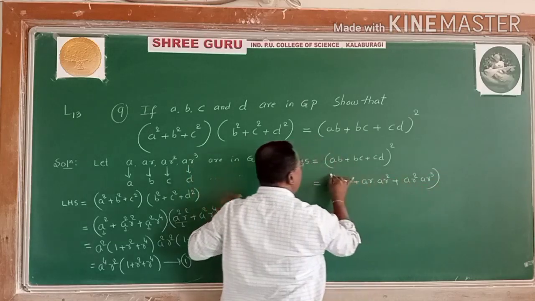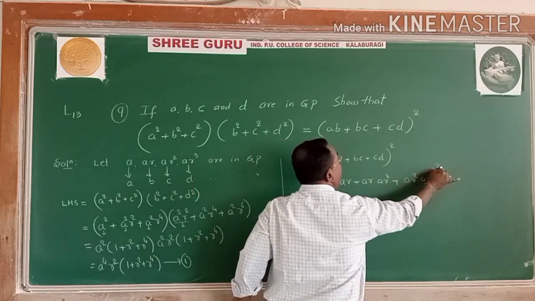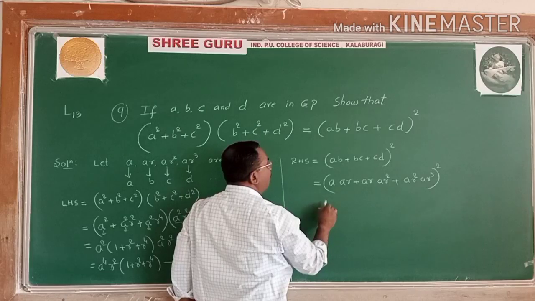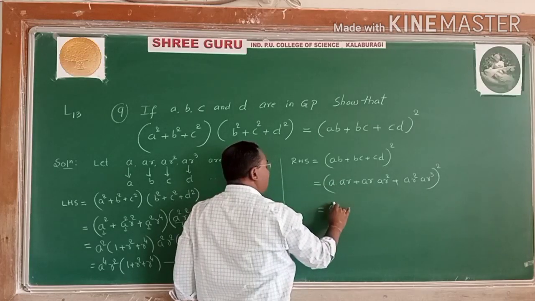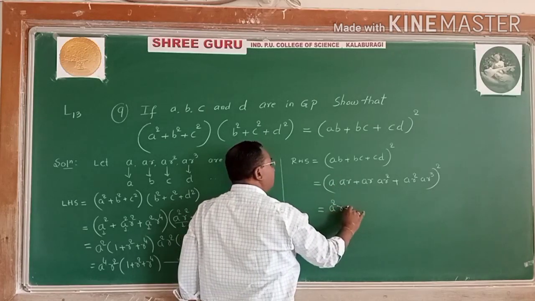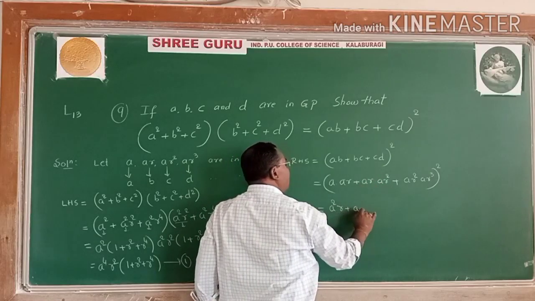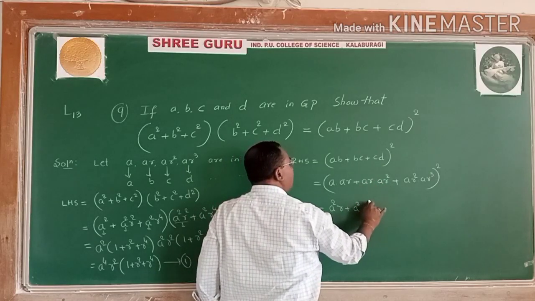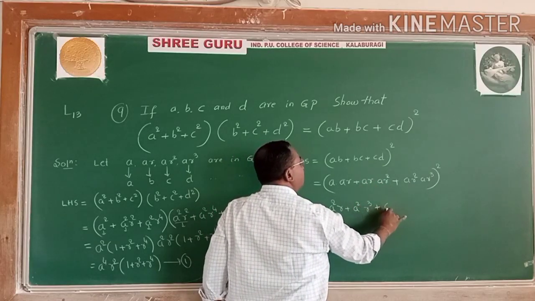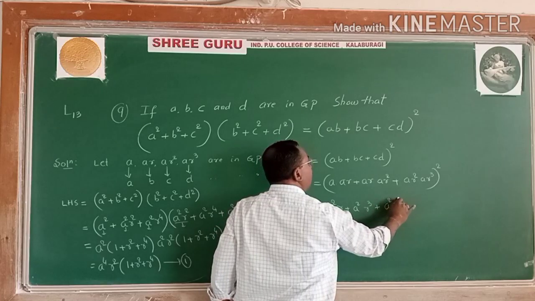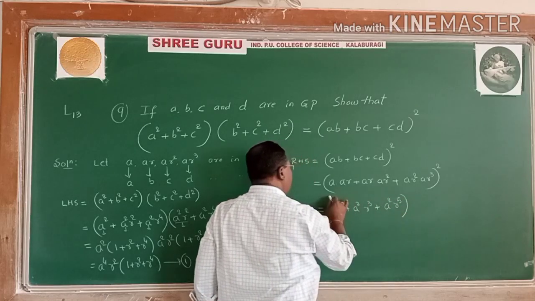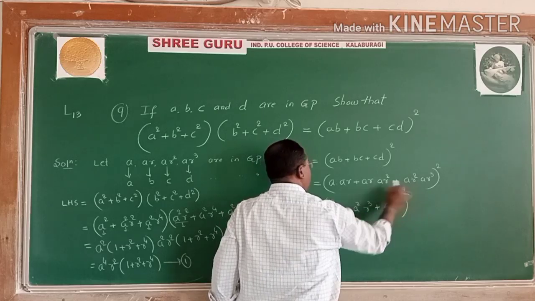So a into a r plus a r into a r square plus a r square into a r cube, whole square, is equal to a square r plus a square r cube plus a square r to the power 5, whole square.